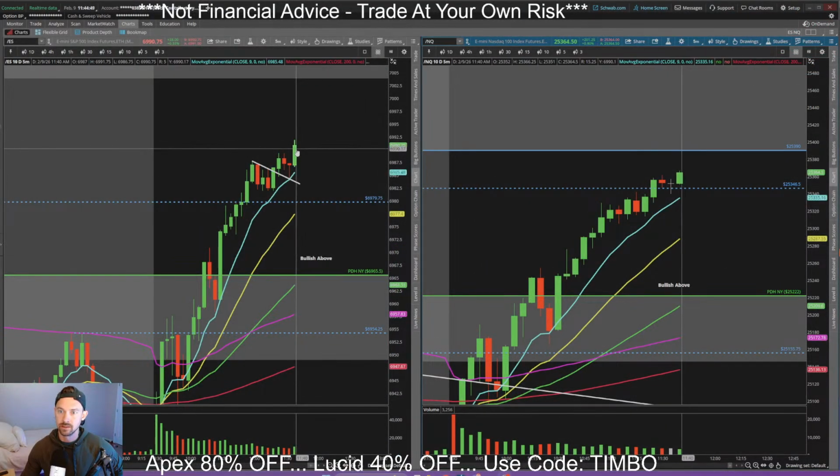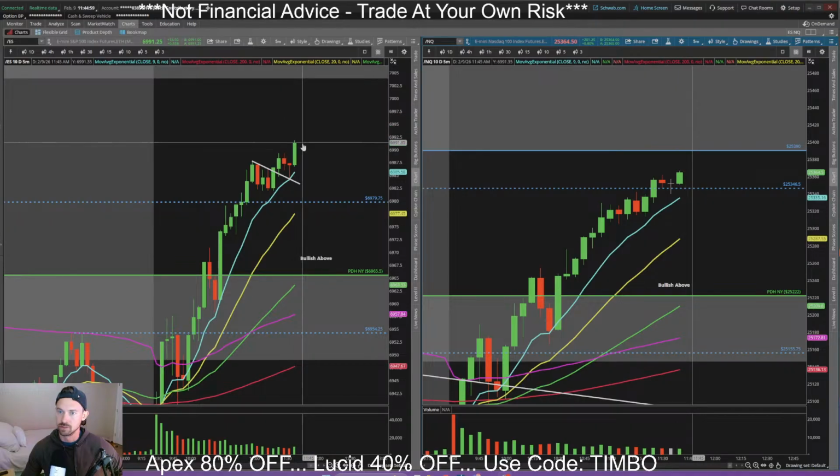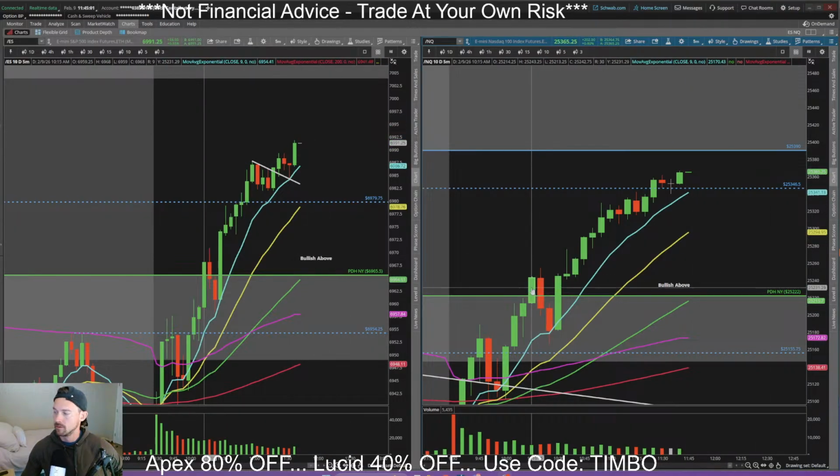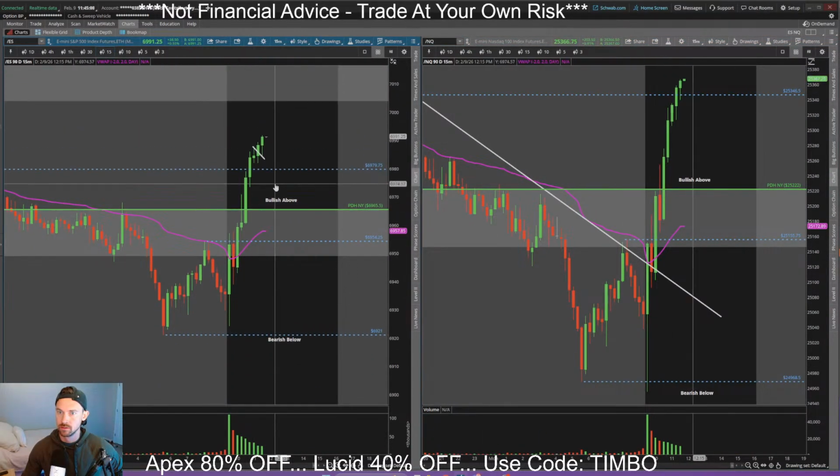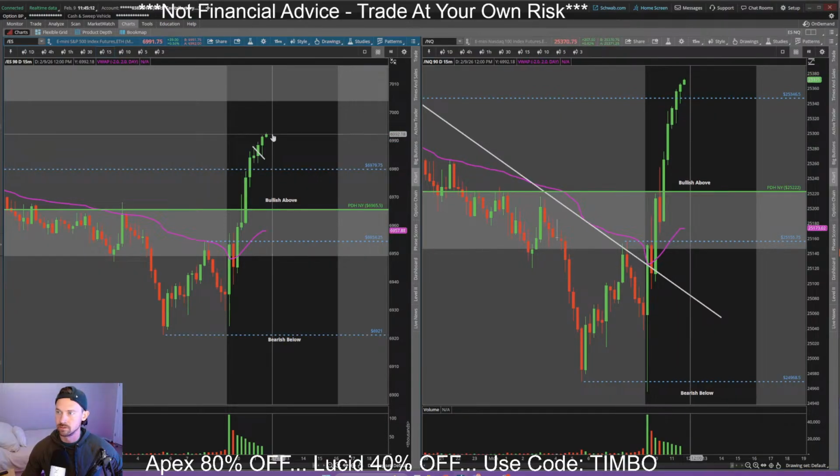So we're getting that decent little push here. ES kind of had that little flag, broke it, came back, retested the EMA, and then getting that nice push back up now. We got a new 15-minute candle as well right now. So pretty good close on that 15-minute. So we'll see if we can get continuation here.